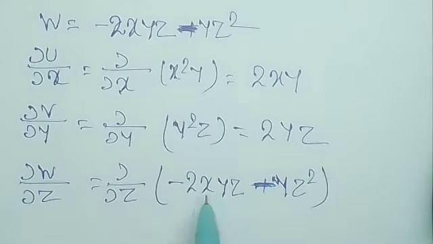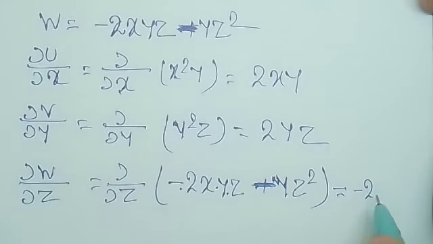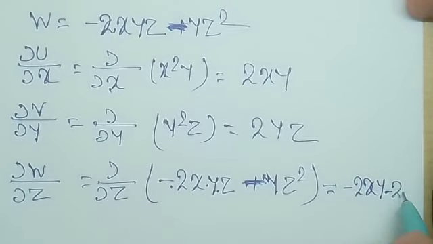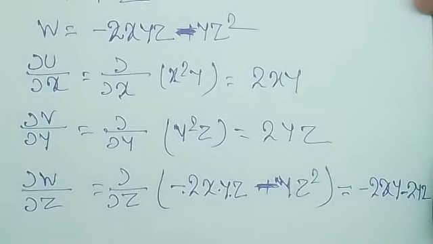So first you differentiate with respect to z, so it is minus 2xy, and this is minus 2yz, so we can write minus 2xy minus 2yz, all right? So this we got.